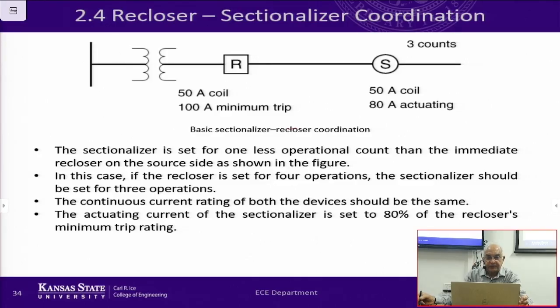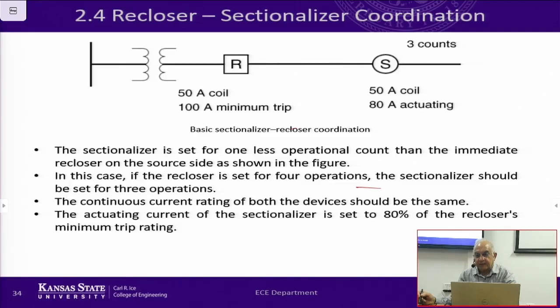And then, of course, typically the actuating current of the sectionalizer is set to 80% of the recloser's minimum trip rating. So if this one has 100 amp trip rating, this will be set to operate at 80 amps. Just some kind of a general rule.